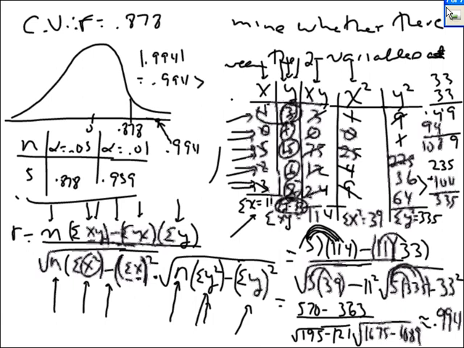That is greater than the cutoff value, the critical value. So we reject their null hypothesis, and we conclude that this data does show a linear correlation. So we reject H0, and we conclude that there is evidence that shows a linear correlation.